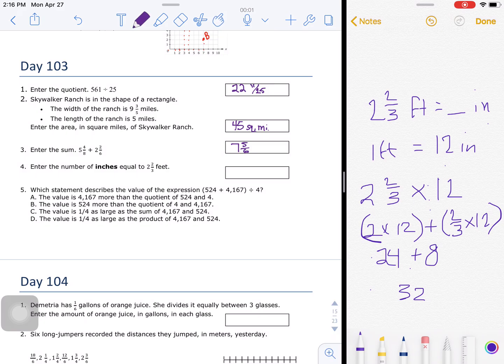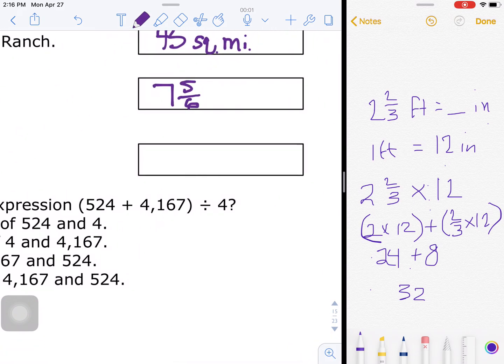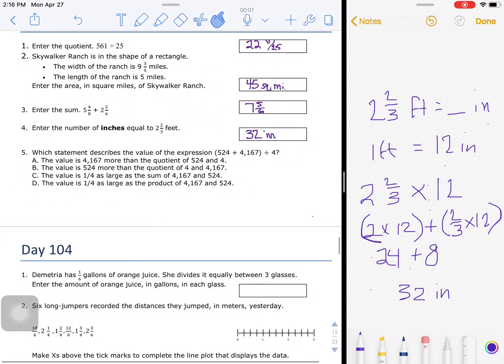So we end up with 2 2/3 feet being 32 inches. And that makes sense because I know that 2 feet is 24 inches. I know that 3 feet is 36 inches.